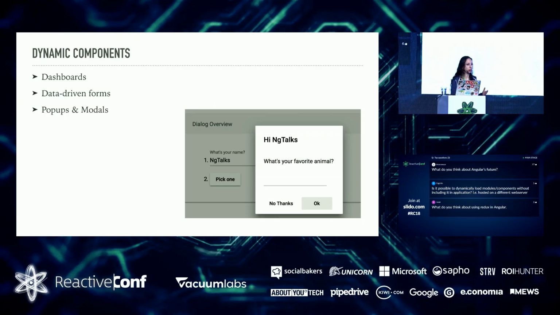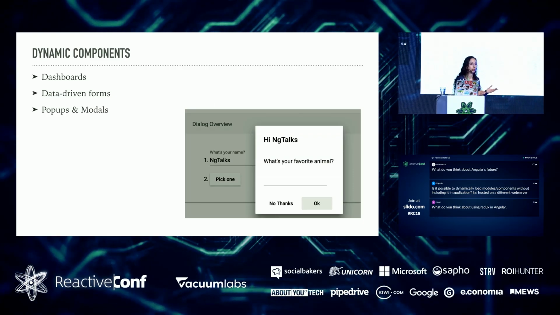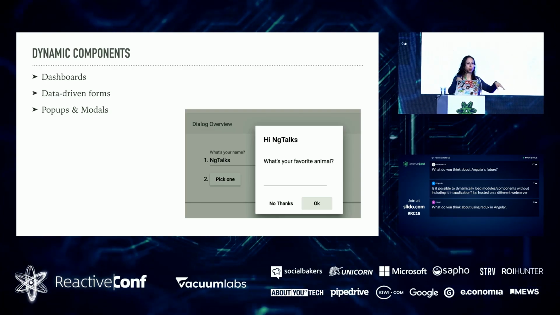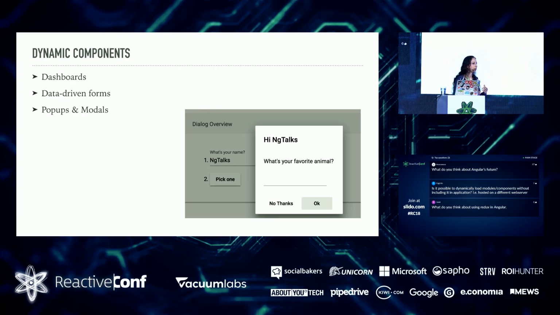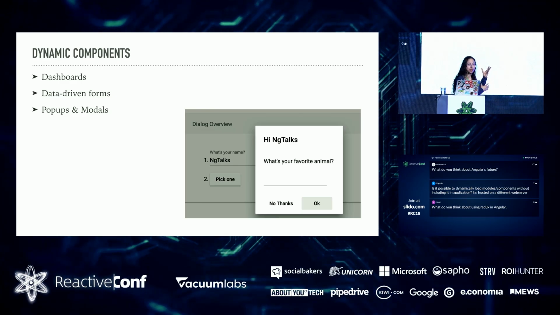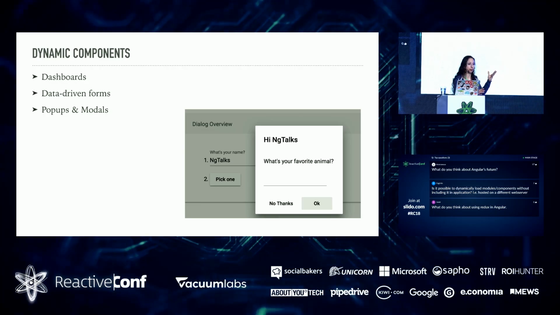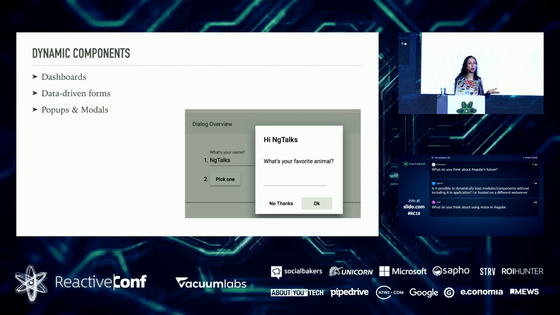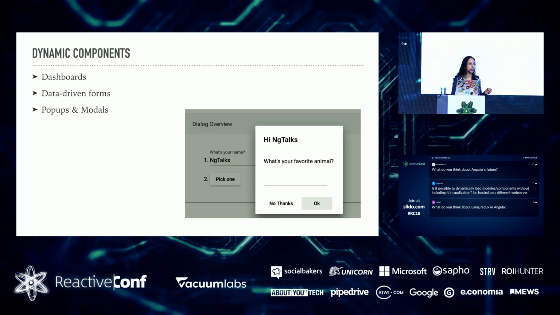Pop-ups and modals. Here we actually have two dynamic components used. One is the pop-up itself. Whenever we want to add this pop-up, it is supposed to be added to the body element, and not inside a specific component, not even inside the app component that we have.